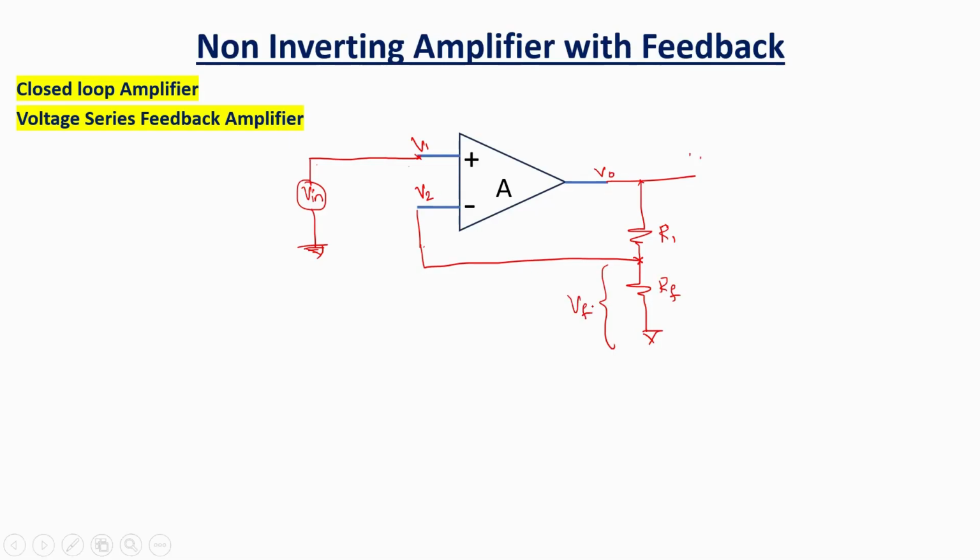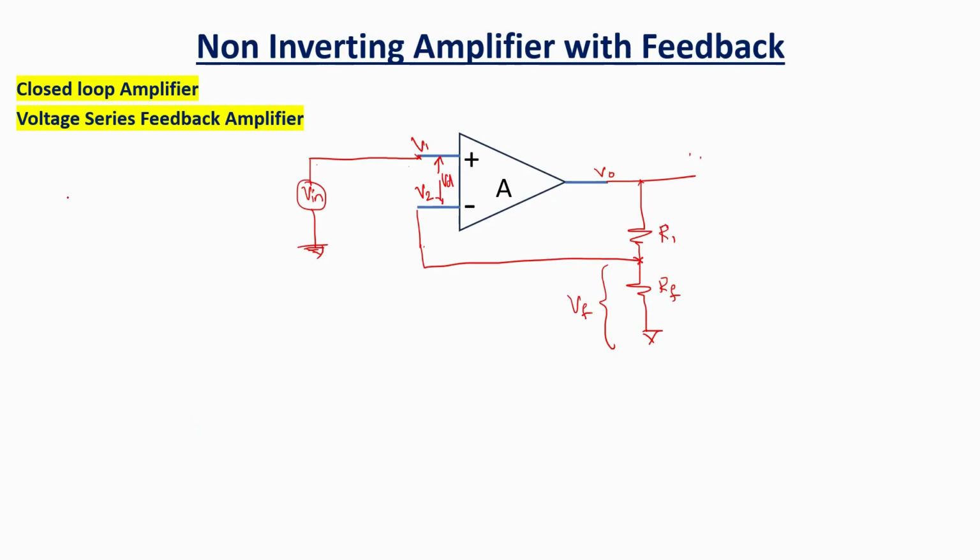Instead of deducing such a long formula, this is a very simple one, if you know the ideal op-amp equations. What is the ideal op-amp equation? First, let us understand what is the gain of an op-amp amplifier. First let us see what the difference is, that is VD.